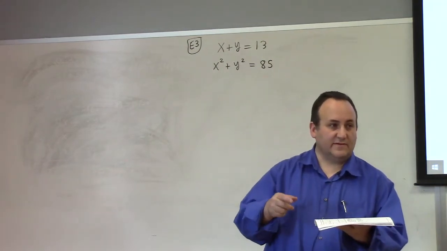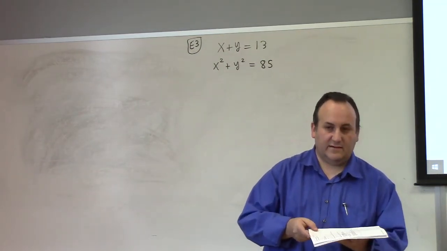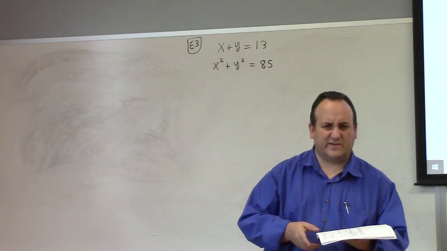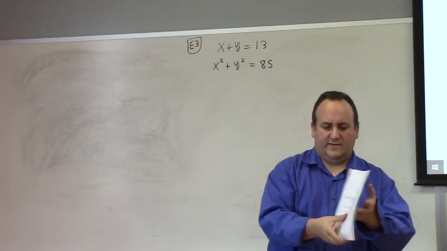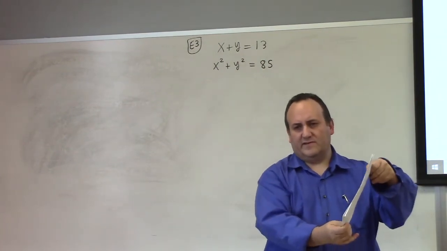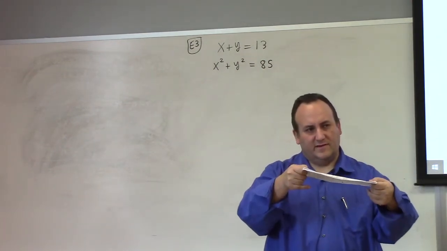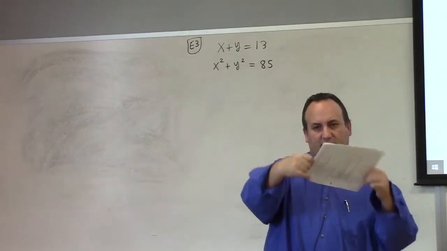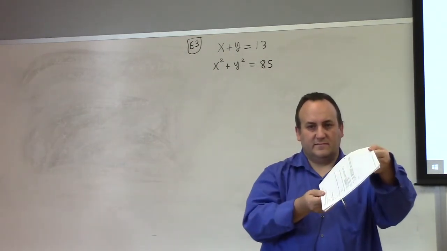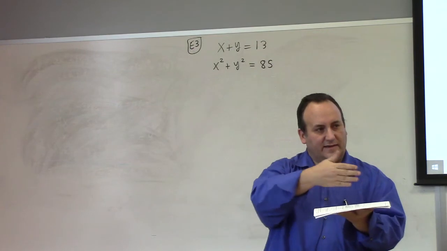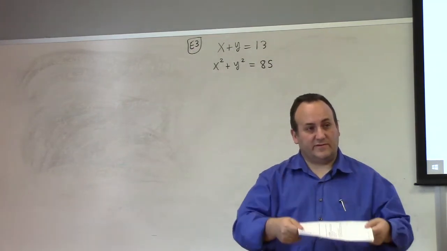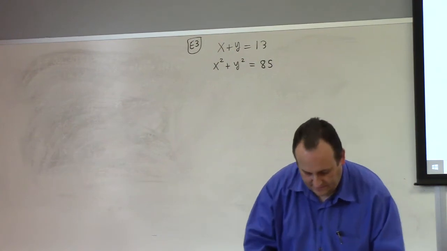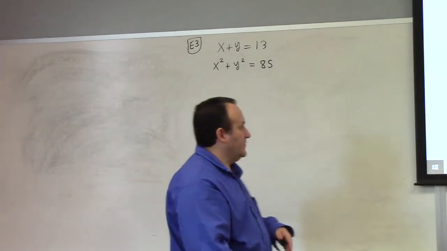So if you have x plus y plus z, it's a plane with the normal vector which goes in the 1, 1, 1 direction. And if you have three equations, it represents three different planes. If you think about three planes in 3 dimensions, they're going to intersect at one point if they're not parallel planes. But the three planes could be parallel, then there'd be no solutions. You could start thinking through this, all right? But anyway, if you want more of this, come to my linear algebra class.